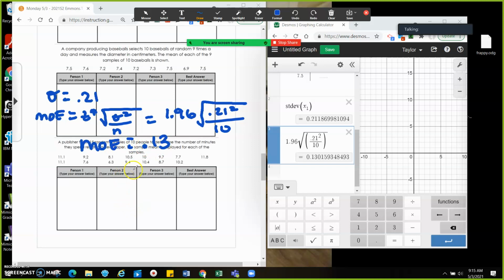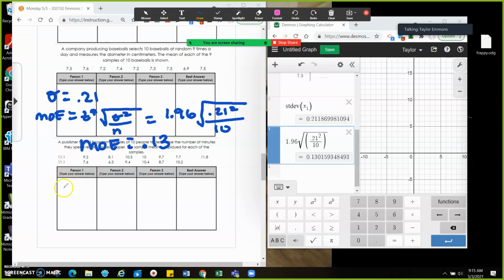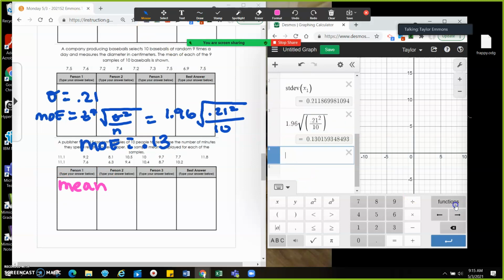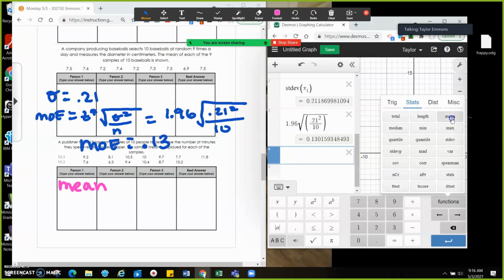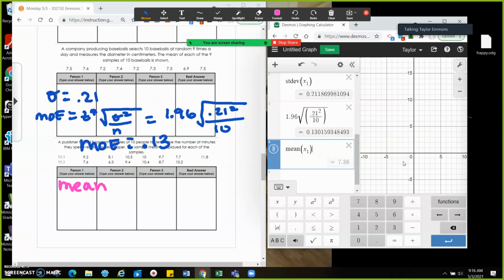Then in order to do the next part, which is finding the interval, we're going to find the mean first. So we type functions, stat, mean, x sub 1, and that's going to give us 7.36. Now, in order to find that interval, we're going to take the mean plus or minus the margin of error.